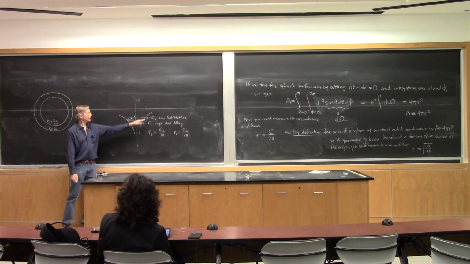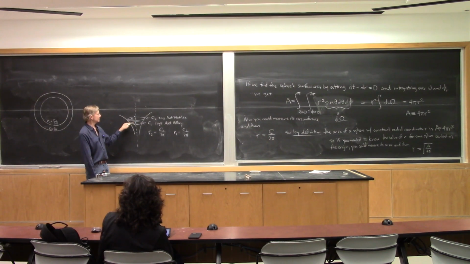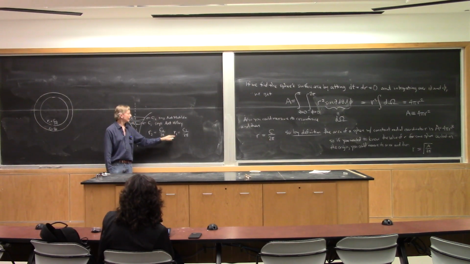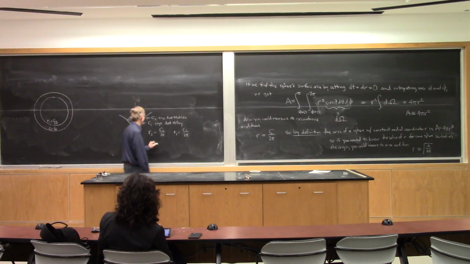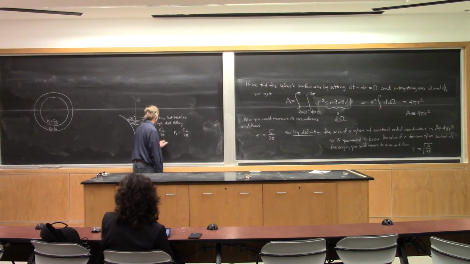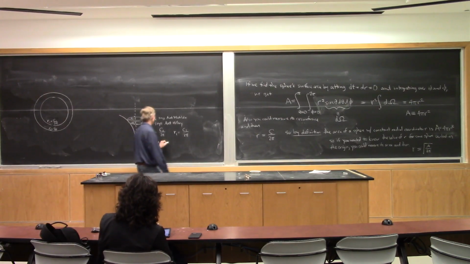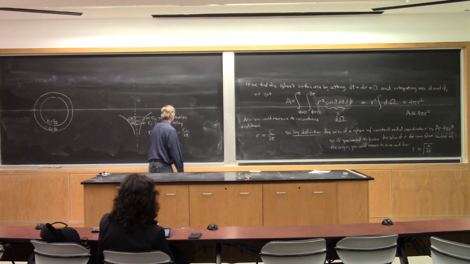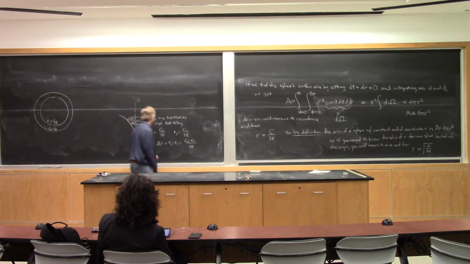But she can walk around and figure out C2 and say that R2 is C2 over 2 pi. And Aunt Hillary can measure C1 and say that R1 is C1 over 2 pi. And so the change in the radial coordinate, R2 minus R1, is equal to C2 minus C1 over 2 pi.